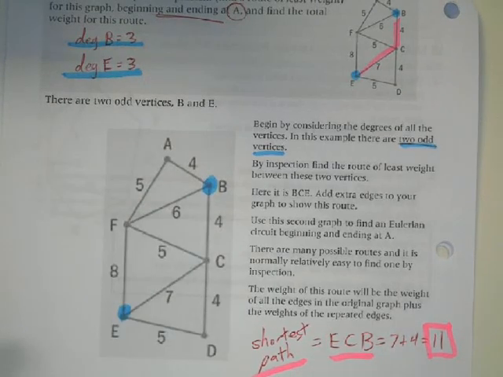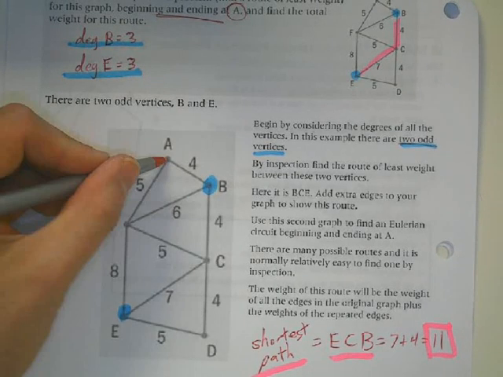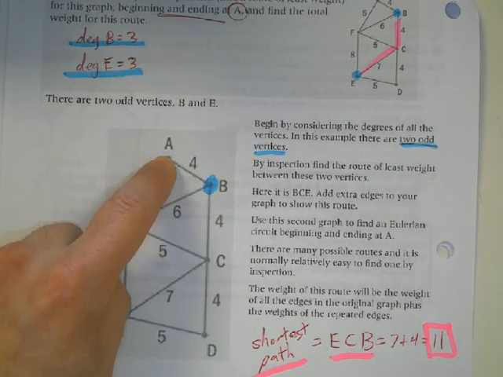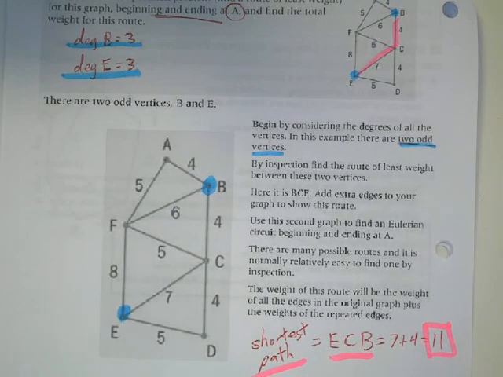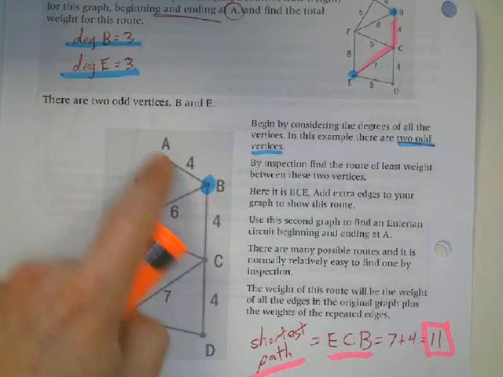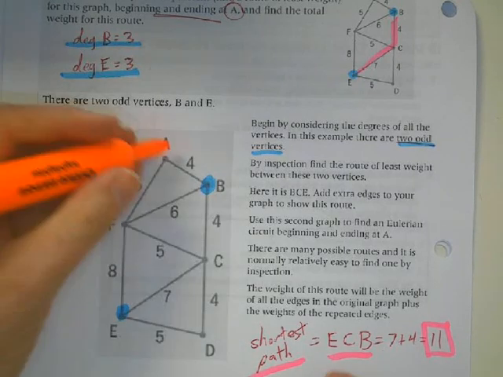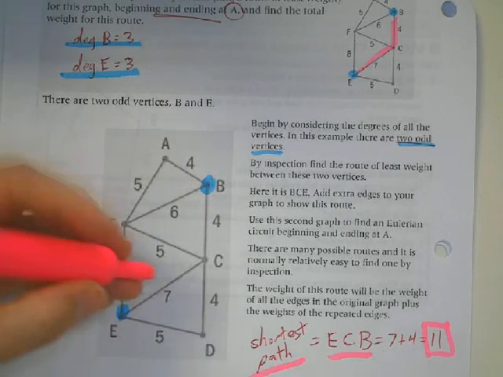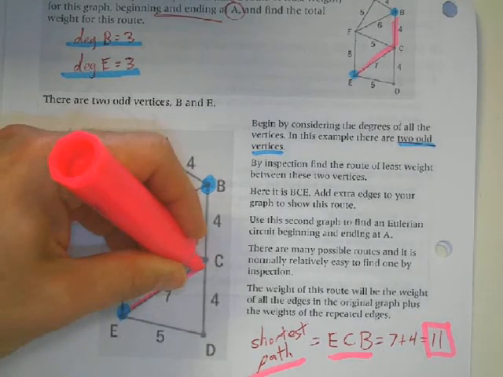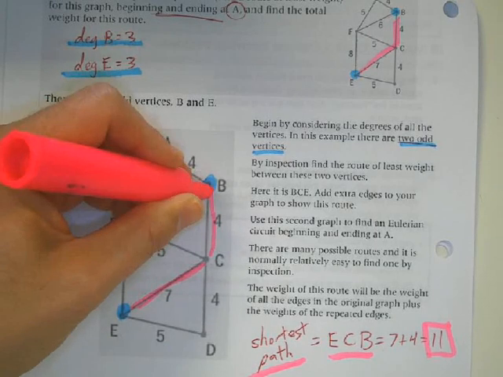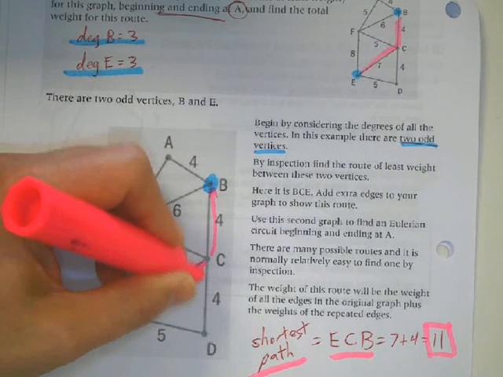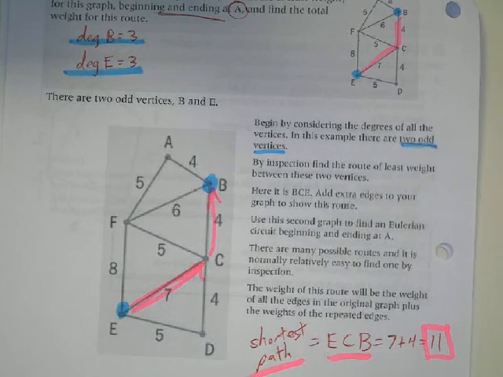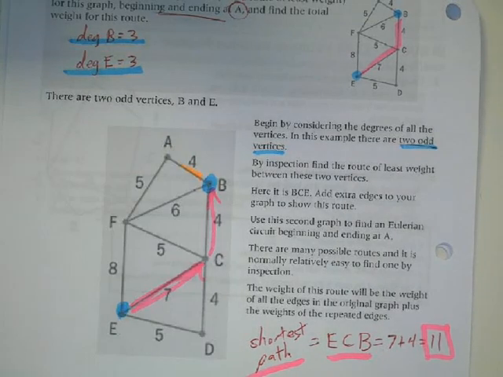This is slightly different, but okay, we're going to start with A. Basically, I'm going to try to find a path that gets me through the whole thing, and then I have to go back this way, and back this way, and then I'll do this path only once.